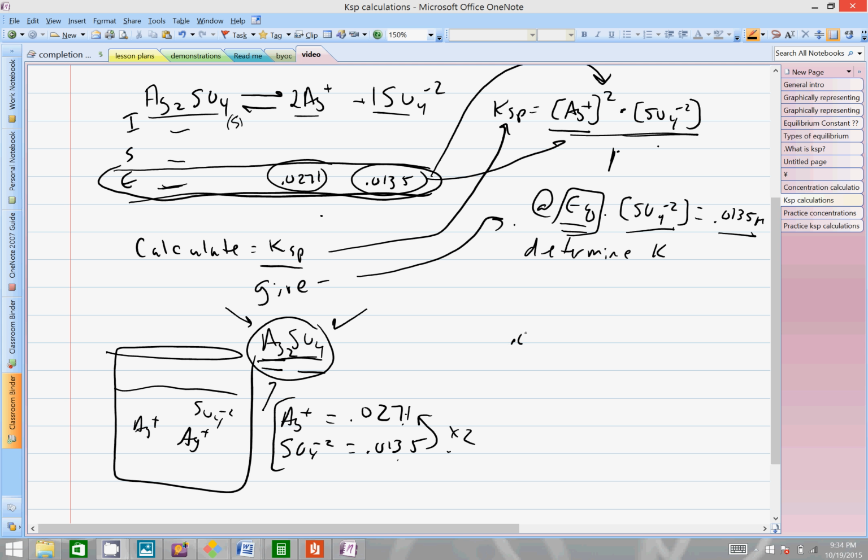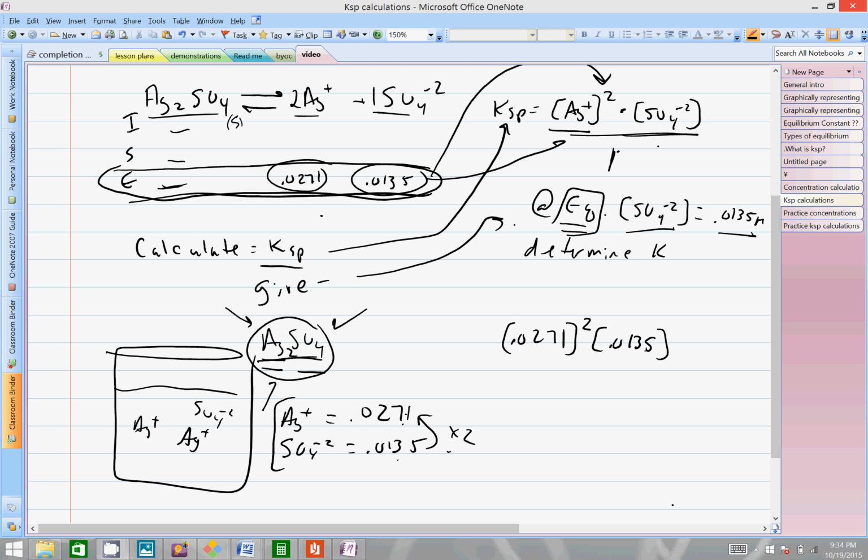We have 0.0271, and by our formula this gets squared. You doubled it and you squared it in this situation. And the sulfate is 0.0135.